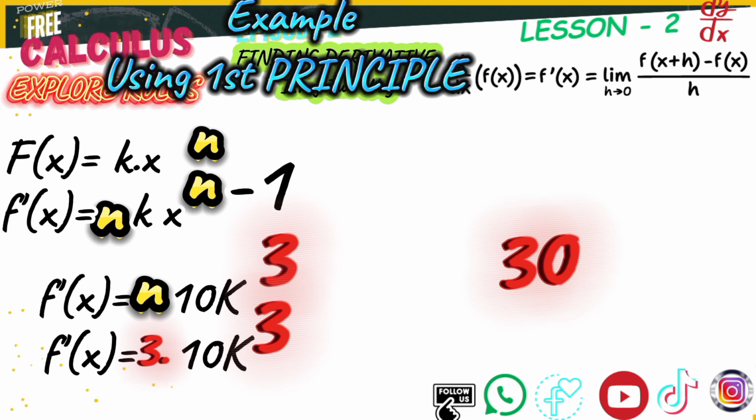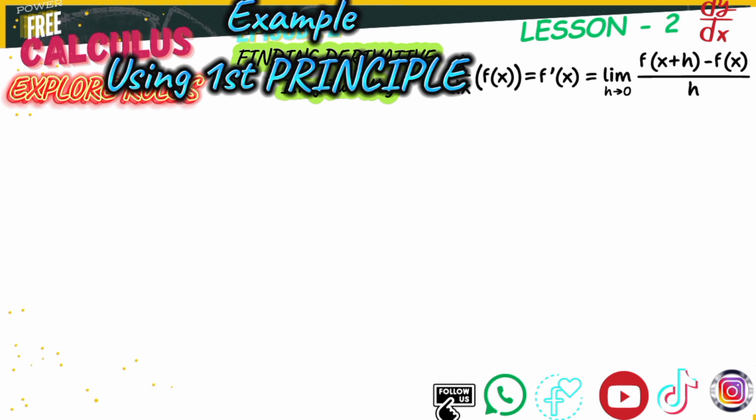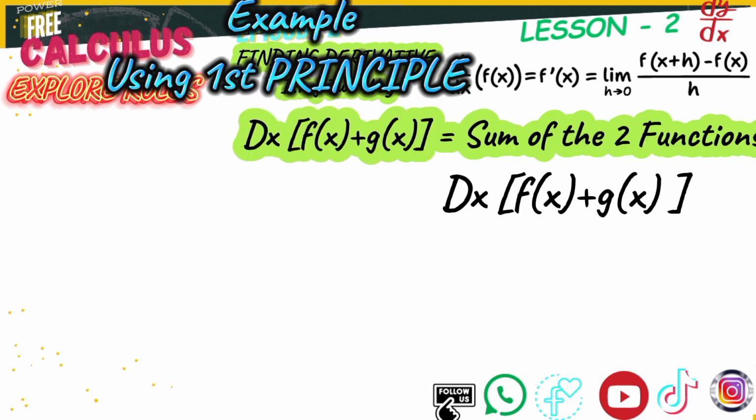And then the very last but not least is that if you are required to find the derivative of two functions, so the sum of these two functions, the derivative of f of x plus the derivative of g of x, the sum will be equal to the sum of derivatives, meaning we must first find the derivative of f of x and then find the derivative of g of x.